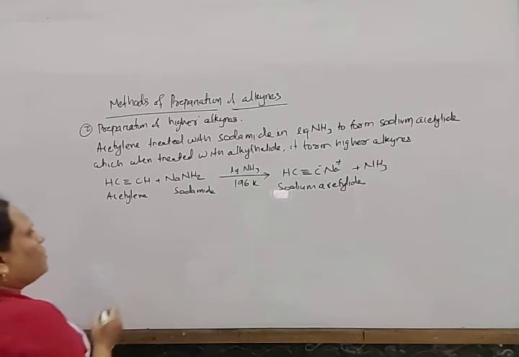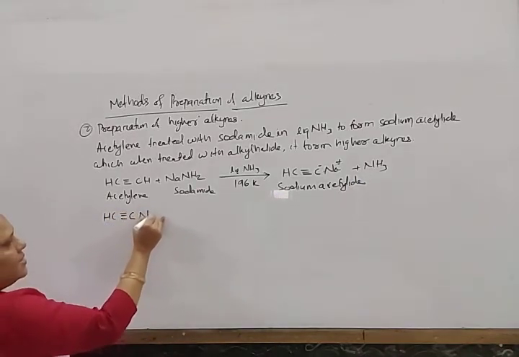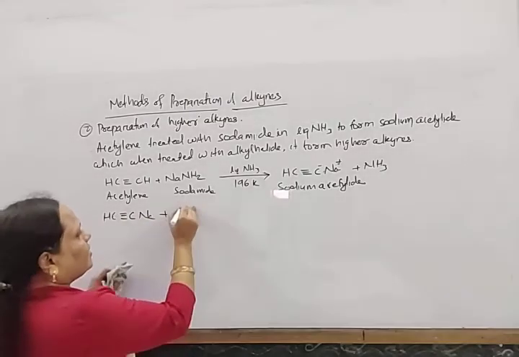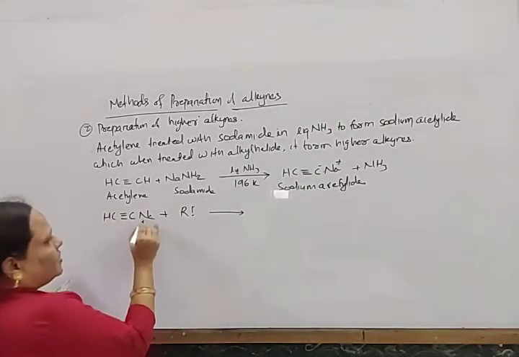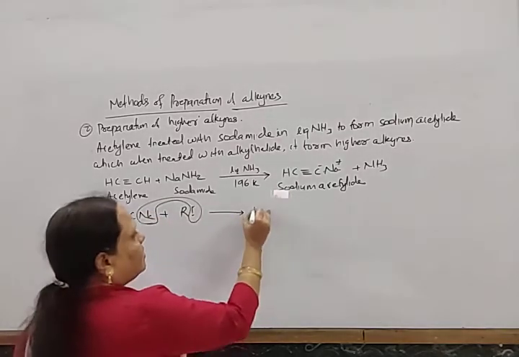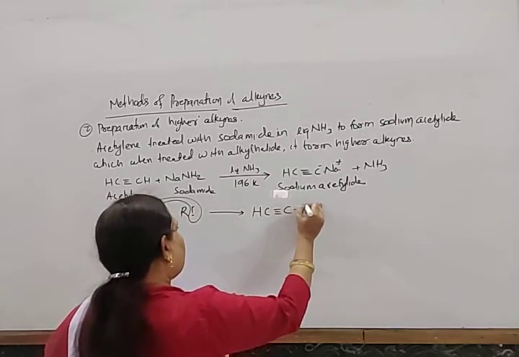This sodium acetylide, HC triple bond C Na, when treated with alkyl halide RI, gives HC triple bond C R, and NaI is removed.